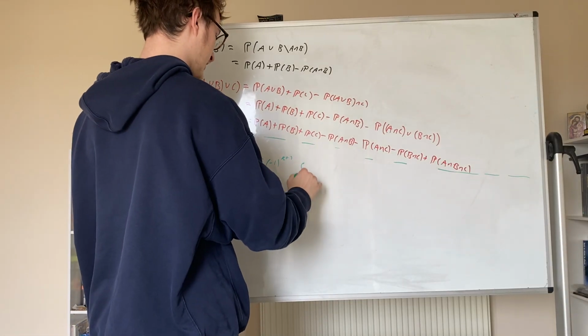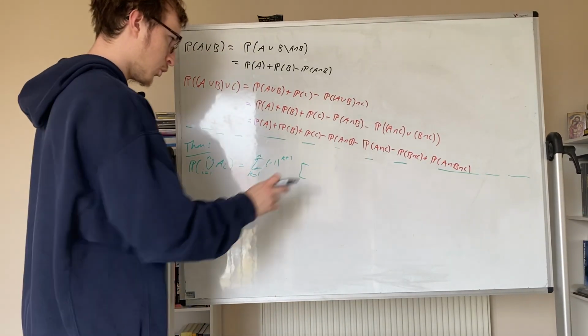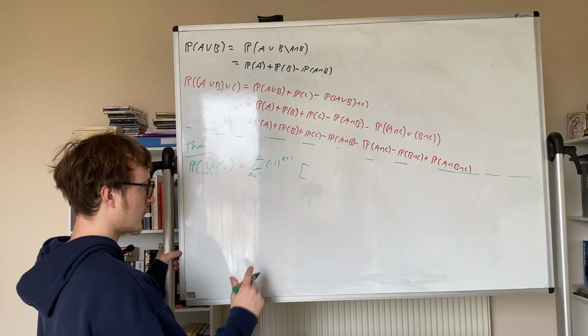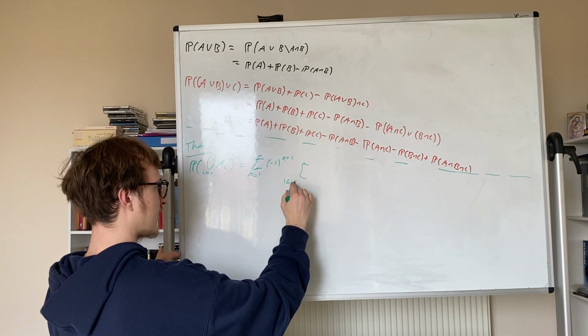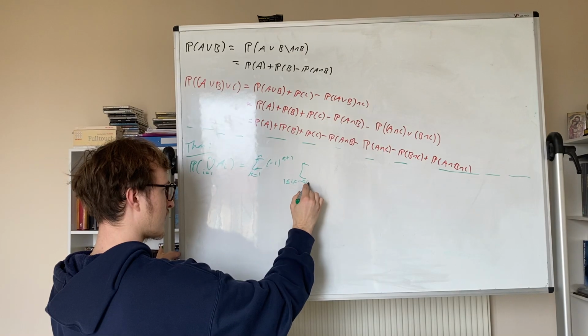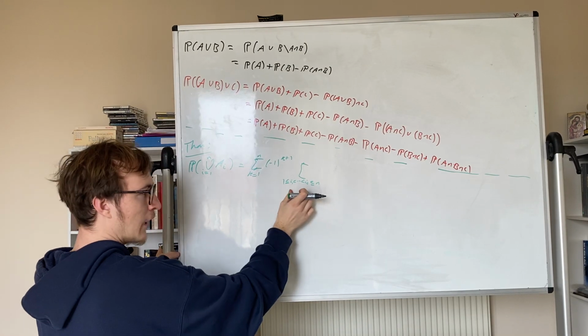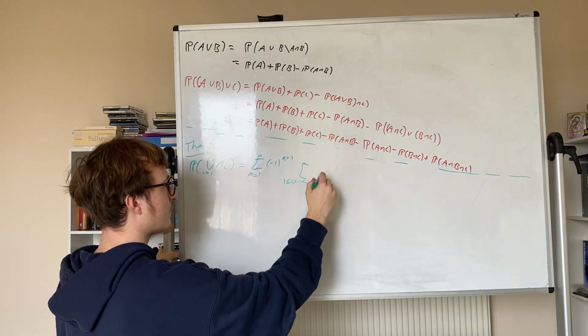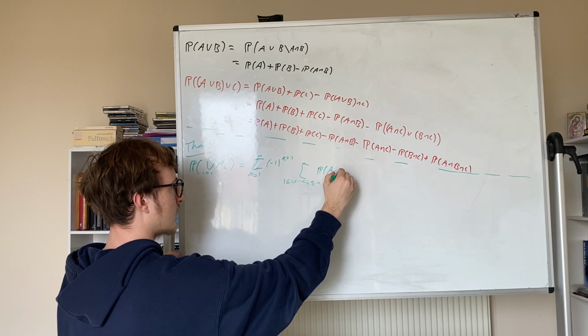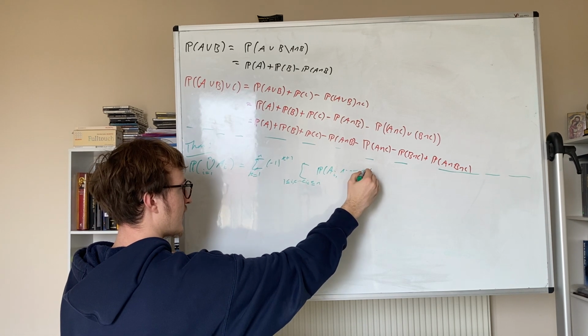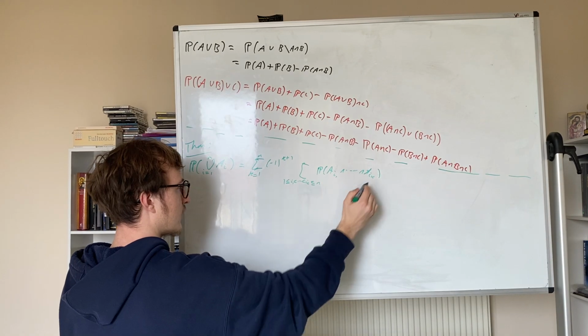And then we sum over all of the intersections. So how do we denote this? Well, over all i1 less than up until ik, where all of these indices are between 1 and n, of the probability of Ai1 intersect up until Aik, like so.